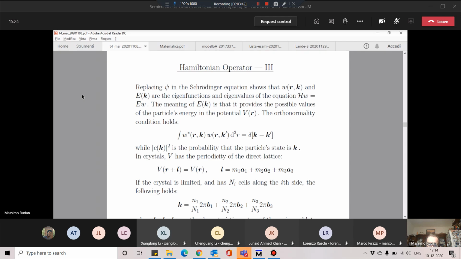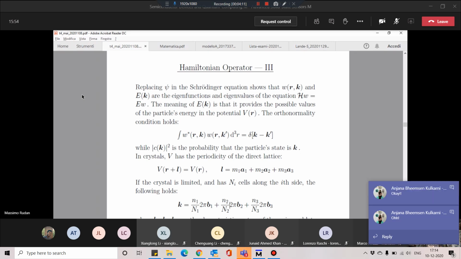And the scaled reciprocal lattice has three characteristic vectors that are, as you remember, 2 pi b1, 2 pi b2, 2 pi b3. Each vector b is obtained by taking the mixed product of the a vectors and dividing the result by the volume of the cell of the direct lattice.